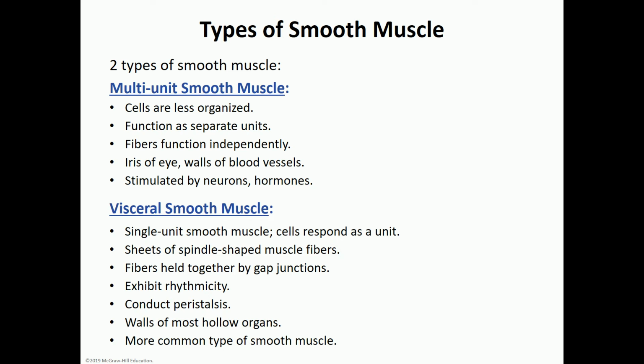They are all connected together through gap junctions, and you will find gap junctions in between cells that need fast communication. These visceral smooth muscle fibers make up the majority of our smooth muscle fibers. So the multi-unit ones are the minority, and again, you'll think about the iris of the eye or the walls of the blood vessels.